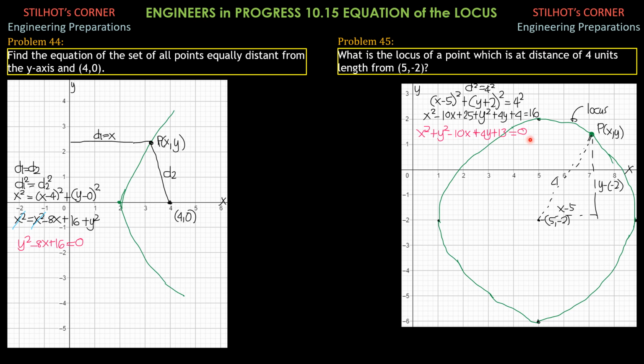So that's it for this problem, and take note that if you're expert in algebra, this represents the equation of a circle because the coefficients of the second degree terms are equal.